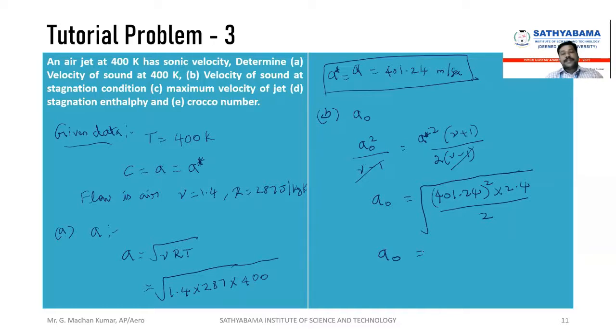Yes, students, you may reply in chat box. Yeah, it was 439.5. 439.53 meter per second. Right? So this is the value. That is stagnation velocity. Velocity of sound at the stagnation condition means A naught we have.